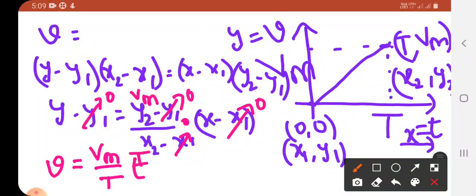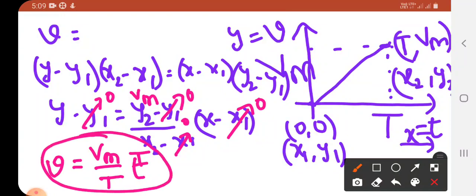So now you need to find average, RMS, all these things for this function. Okay, so let us find.